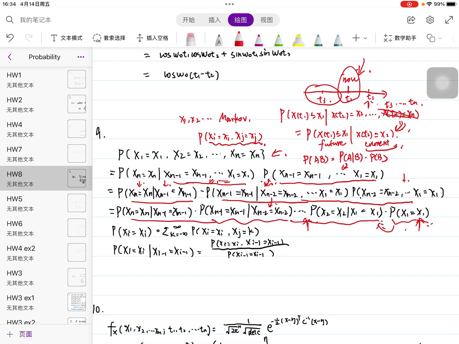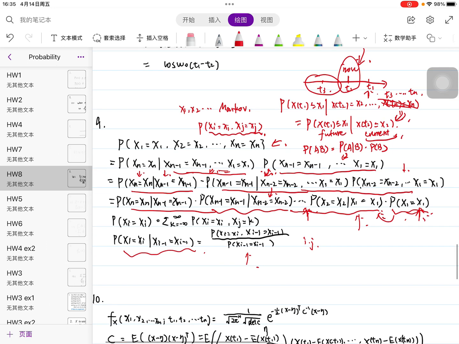And then based on this step, we could write this conditional probability as equal to here, right? We just use the i and j to replace all those times, right? And for the last term, x1 equals to x1 here, that is the summation of xi equals to xi and xj equals to k, right?